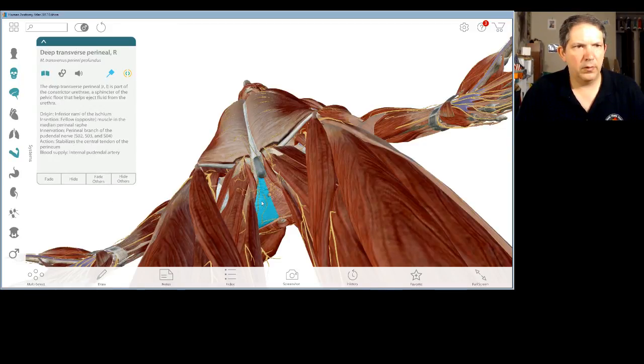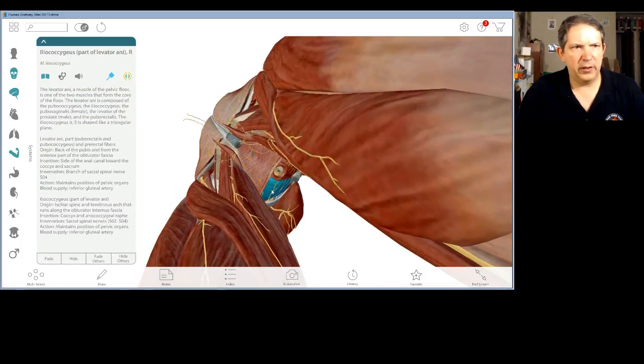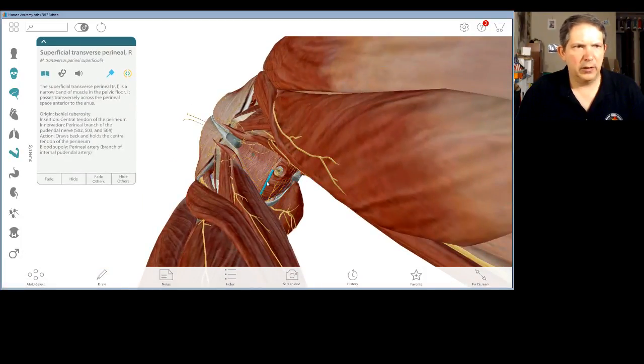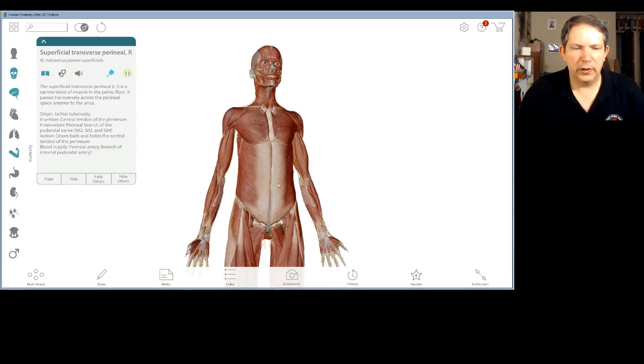Anyhow, deep transverse perineal, iliococcygeus, and we have pelvic floor muscles. We'll just take them as a group there. Okay, good enough for now, I think.